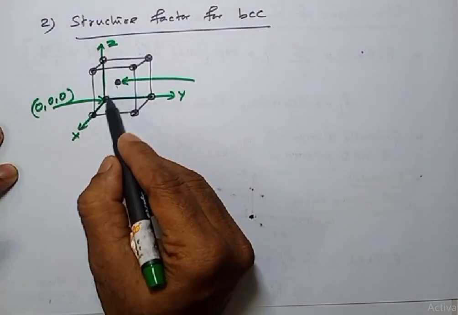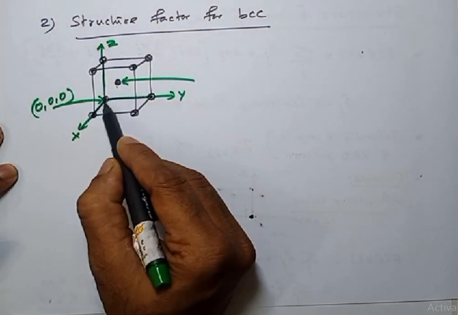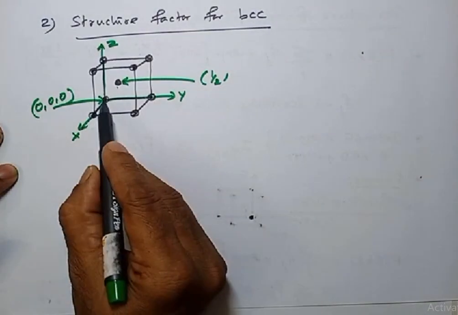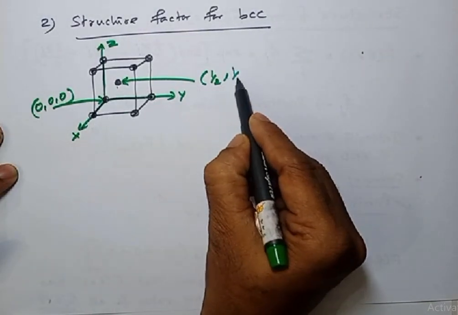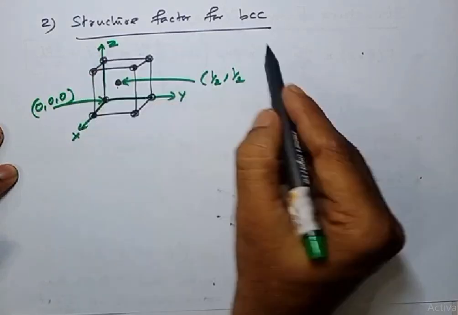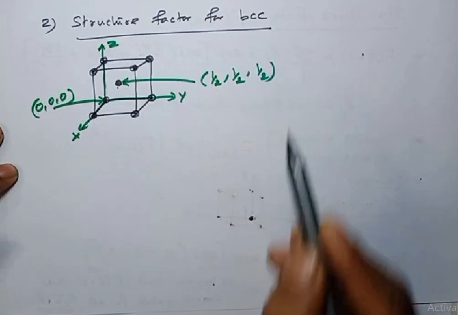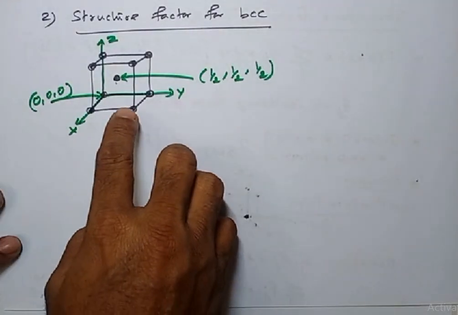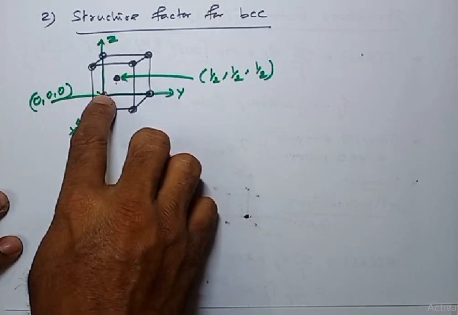Now, what about the Cartesian coordinate point for the central atom? The central atom is at a distance of 1 by 2 in the x-axis, 1 by 2 in the y-axis, and 1 by 2 in the z-axis. Take note. So here in BCC, we have two different points. One at the corner.